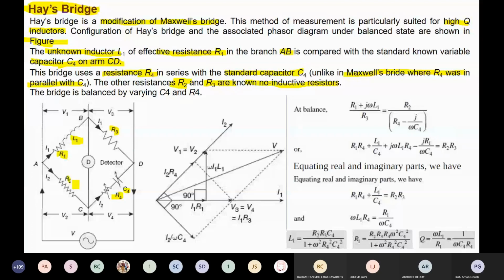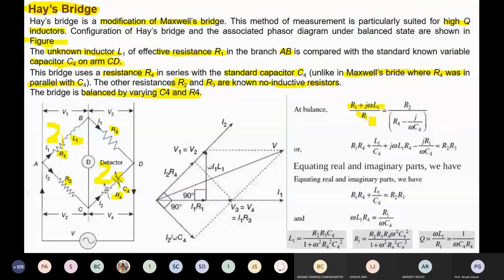If you change the position of J from denominator to numerator, the sign will change, so it will come like R2 by R4 minus J by omega C4. Finally you can cross multiply all the terms, and you will get R1 R4 plus L1 by C4 plus J omega L1 R4 minus J R1 by omega C4 equal to R2 R3.